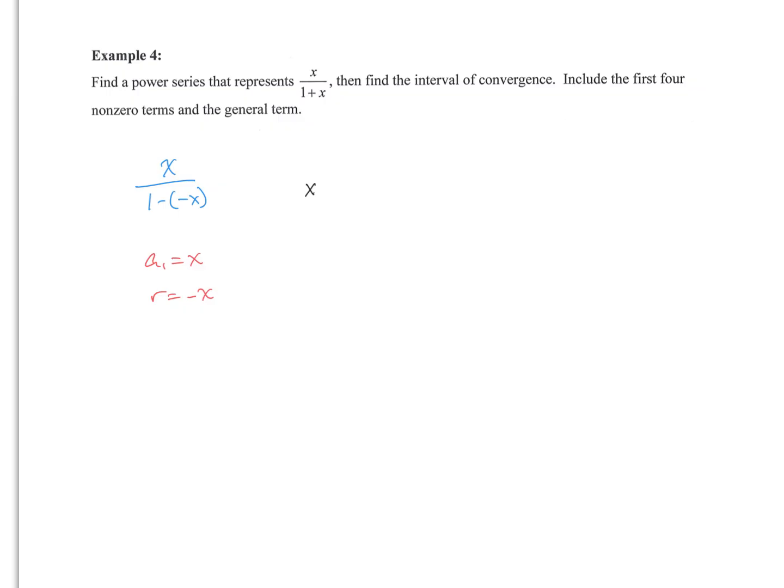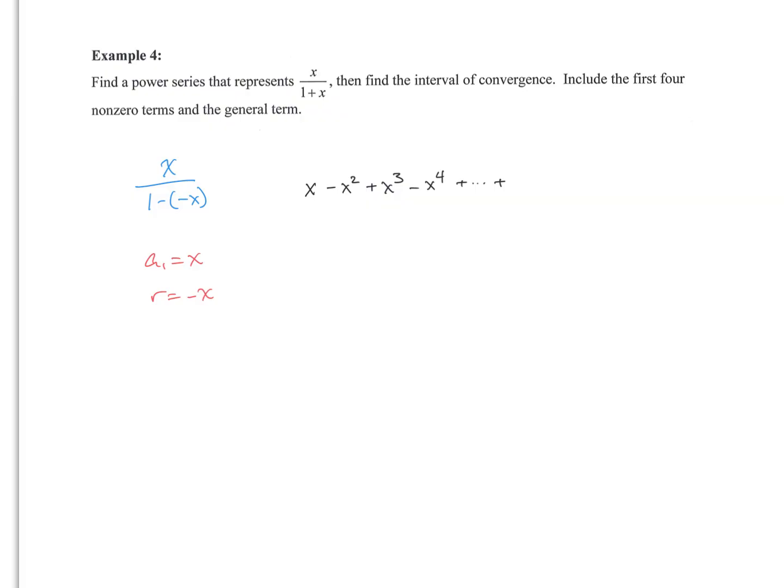All right. And so my first term is x. And then what's my second term? Negative x squared. And then what's my next term? Positive x cubed. And then what's my next term? Minus x to the fourth. And then plus dot dot dot. And then what is my general on this one?